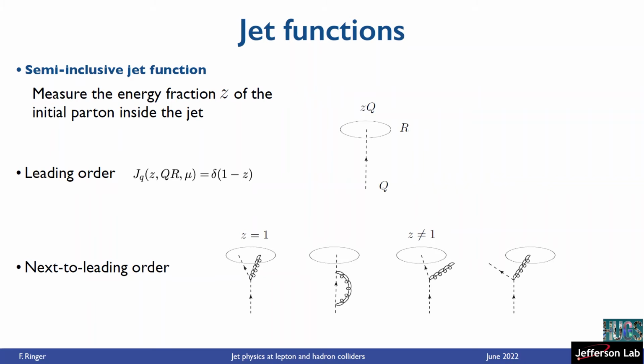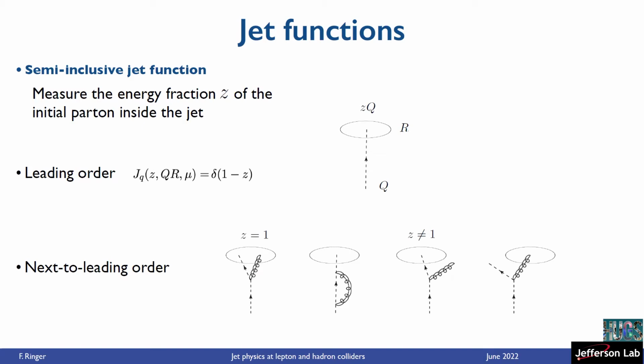But if the two partons are too far away from each other, then we get a non-trivial dependence on z. It will not be 1 anymore. Since we're inclusive, we have to sum over these different contributions. If the splitting is too far away, we get 2 jets, a quark jet and a gluon jet, and we have to count both of them.